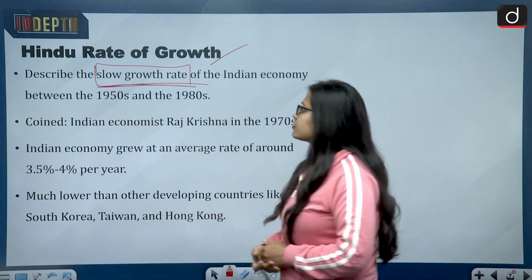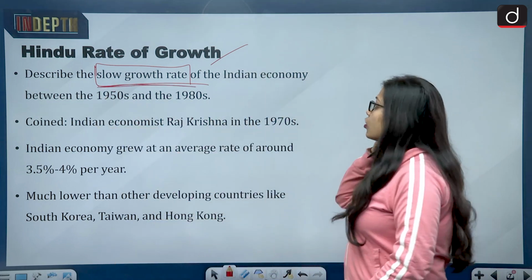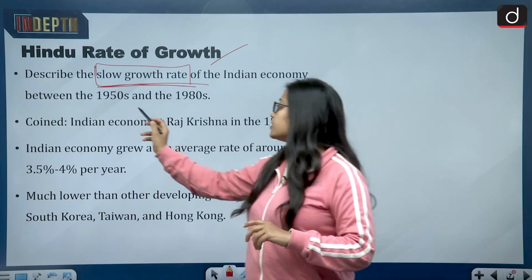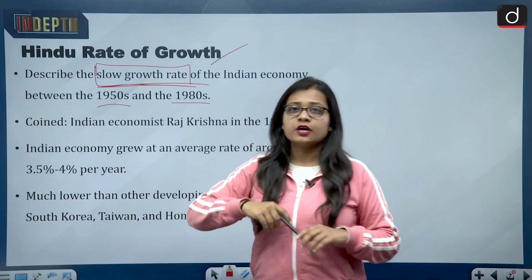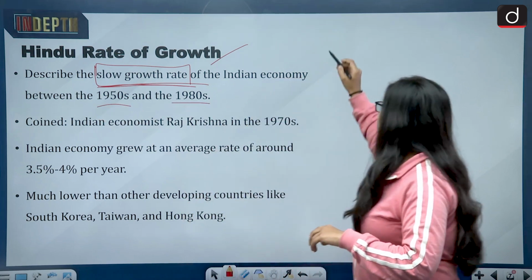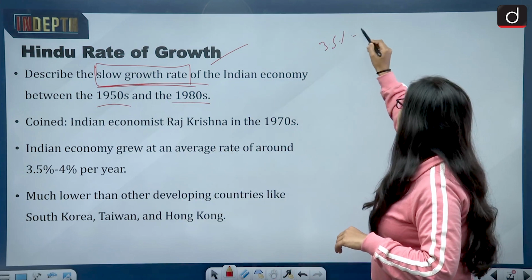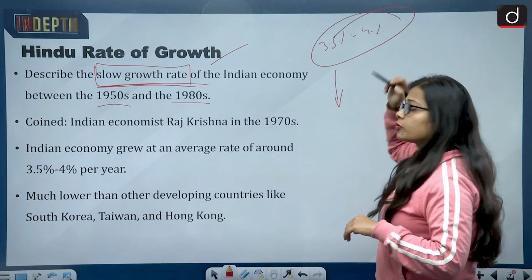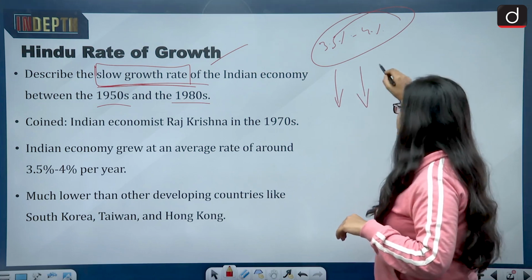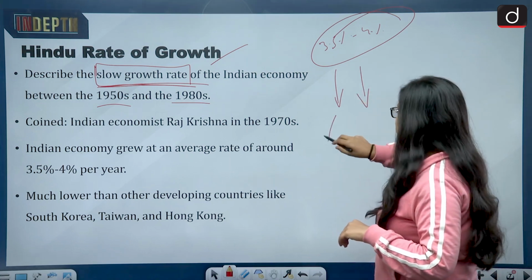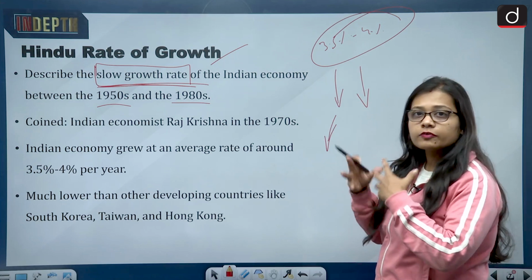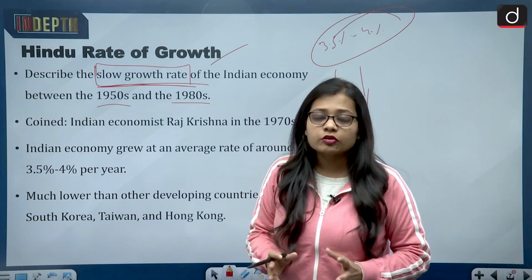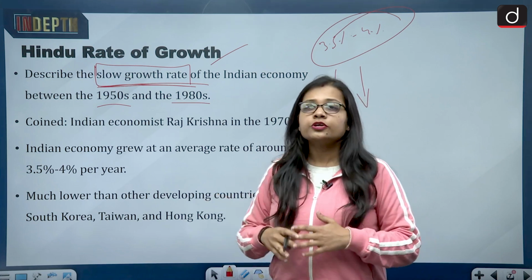So it is described as the slow growth rate of the Indian economy, and this was between the 1950s and 1980s, when the Indian economy was growing at 3.5% to 4%, and the GDP was not performing well. Production was not happening, exports were not happening.